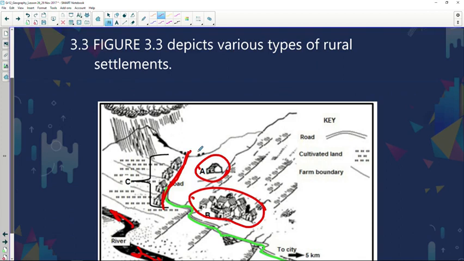So it might be because they are farming perishable goods. So it's much easier for them to transport their goods close to the market. Another reason why settlement C is over there, what can happen as well, they are limited to the availability of the land. So they want to use as much land as possible to be able to farm their product.